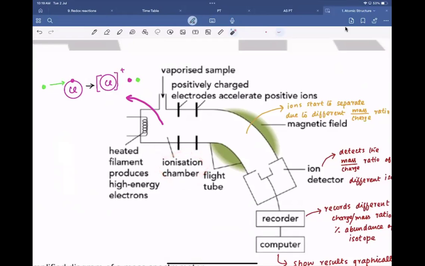Okay. So the heated filament will produce high energy electrons, as is shown. See, this is the high energy electron. On the extreme left, I have made the diagram. These electrons get bombarded on some atoms of the sample. For example, right now we have introduced a sample of chlorine.